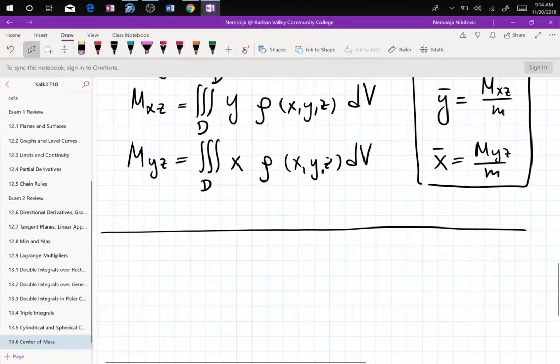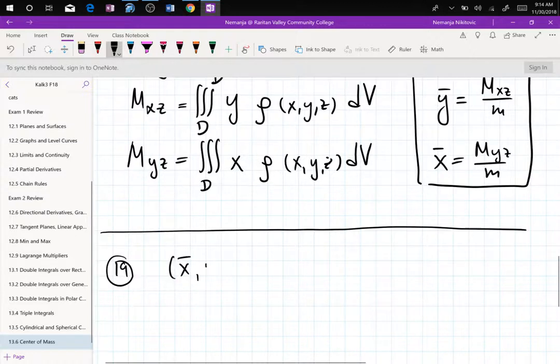This is problem, let's see, what do we do? It's 16, 17, 18, 19. Oh, 19 has ln in it. Good. 20 circles. Let's do ln. That's not symmetric. 19. What's the center of mass?